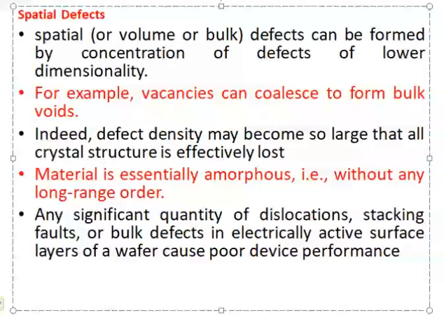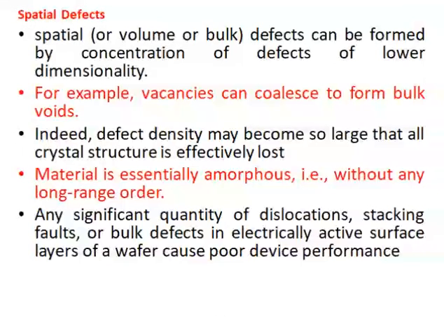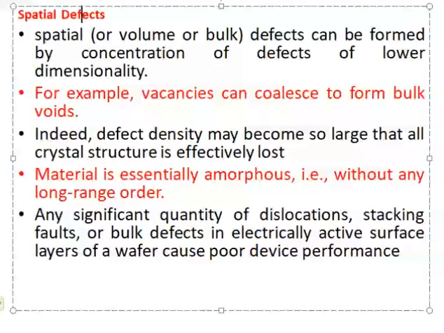And of course, with these defects, either point, line or plane, whenever the density becomes large, it means the complete structure of the silicon has been disorganized, and this causes a higher order defect, which is the spatial or volumetric defect.